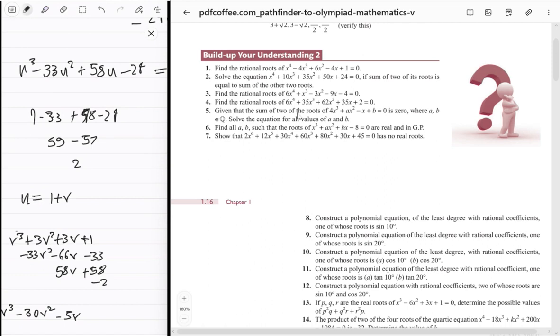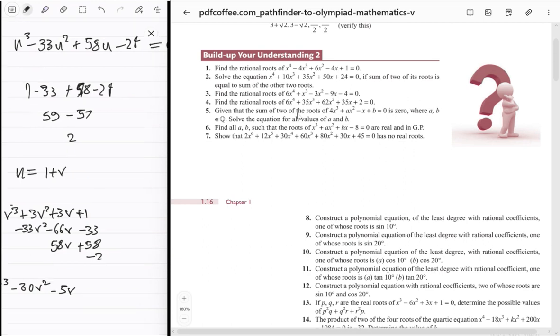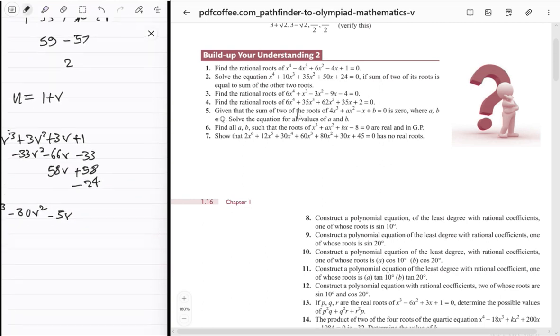That's 58 right there, and then what? That's weird. Where did 24? Oh, okay, that 24 is also there. You should take that into account as well. So this is not minus 2, it's minus 24. Oops. Okay, now we are good to go.